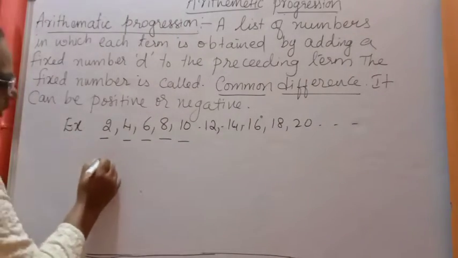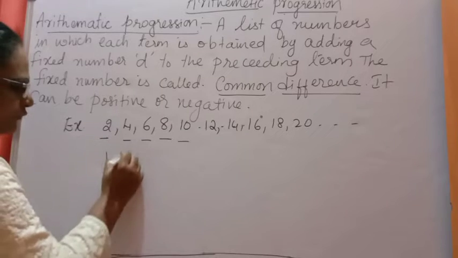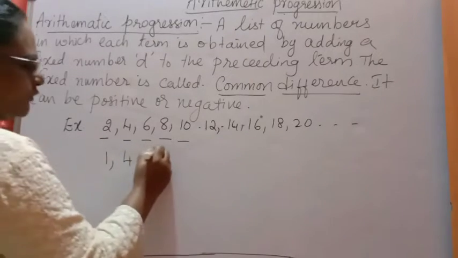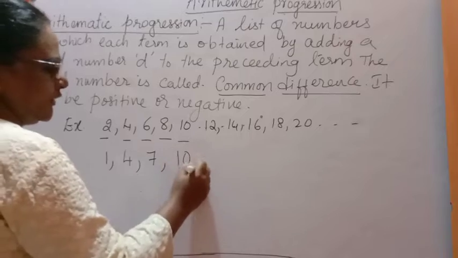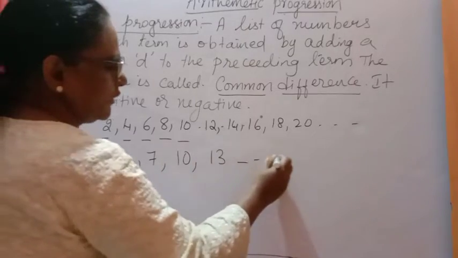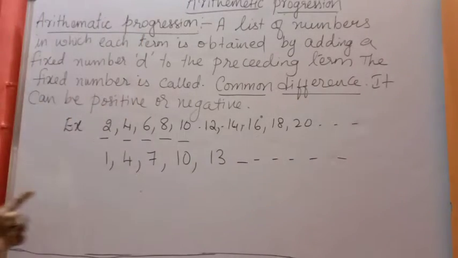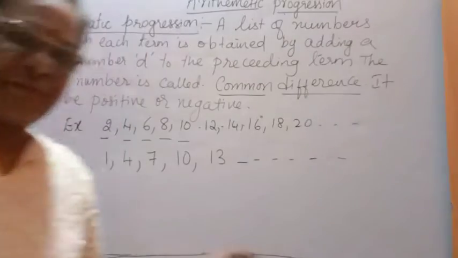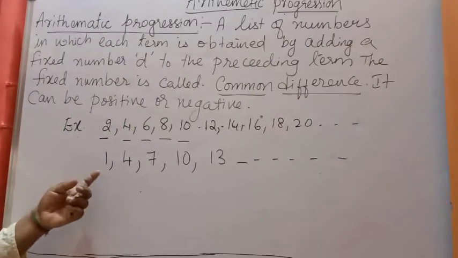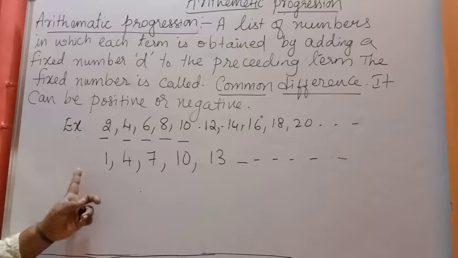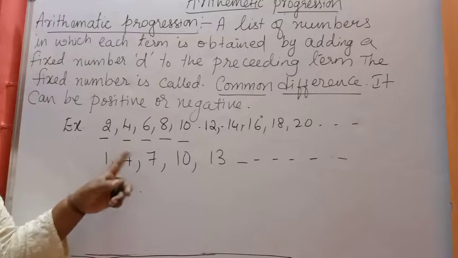Similarly, if I take the numbers 1, 4, 7, 10, 13, and so on. In this list, the first term is 1, the second term is 4, the third term is 7.